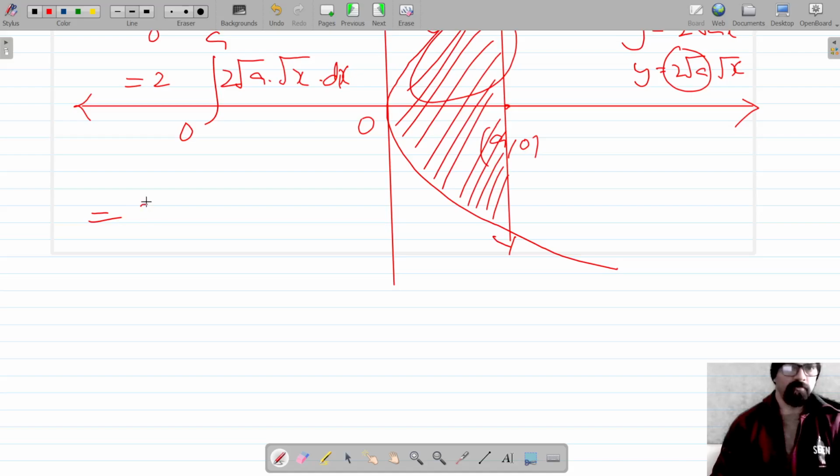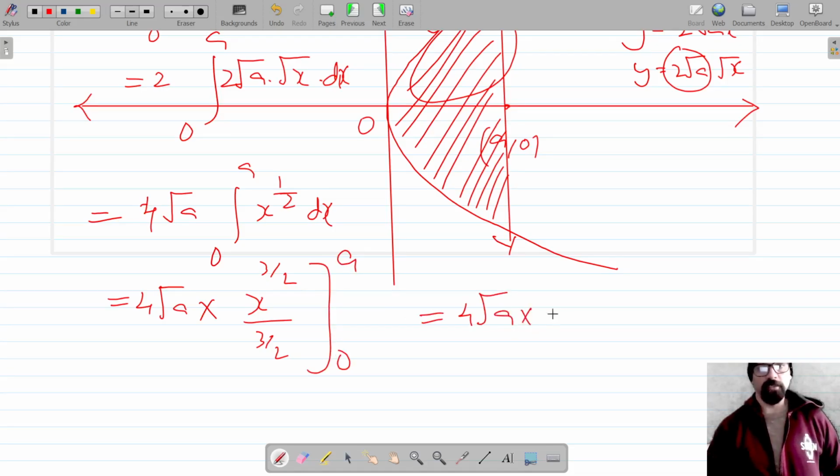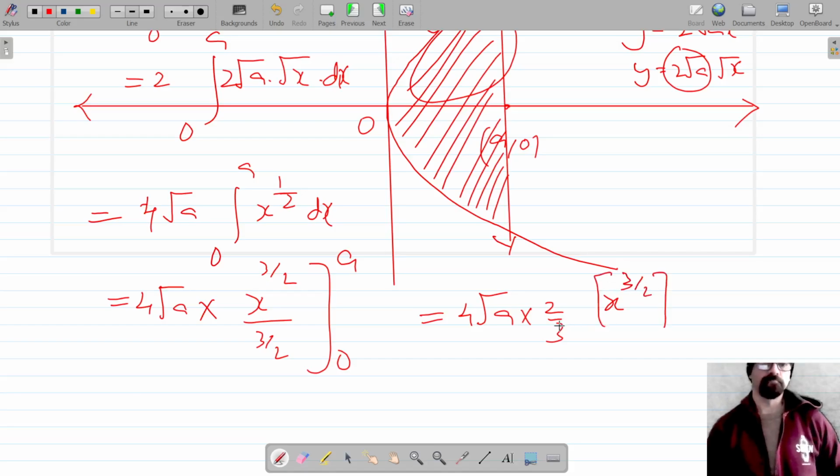Now 2 root a is constant, so this becomes 4 root a integral 0 to a of x raised to power half dx. So the integration is x raised to power 3/2 divided by 3/2 for the limits 0 to a. So this is 4 root a into 2/3 x raised to power 3/2 from 0 to a. This is now 8 root a by 3 into a raised to power 3/2 minus 0.